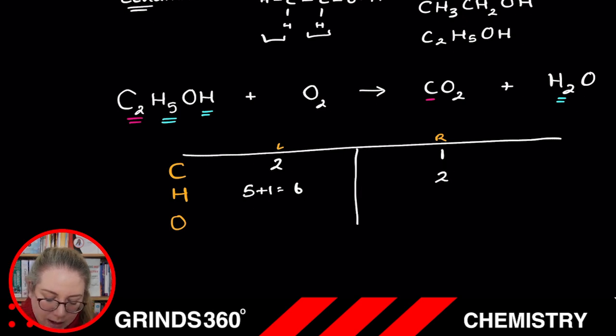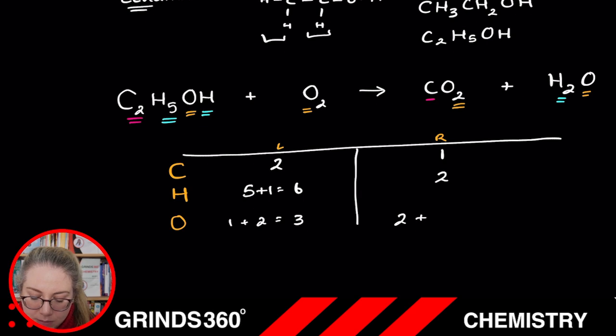Then we move on to the oxygen. You have 1 oxygen in the ethanol plus 2 oxygens from the oxygen molecule. So I have 1 plus 2 is equal to 3 atoms of oxygen on the left. And on the right-hand side, you have oxygen here in the carbon dioxide. You have 2 of them plus 1 in water, which will be 2 plus 1 is equal to 3.